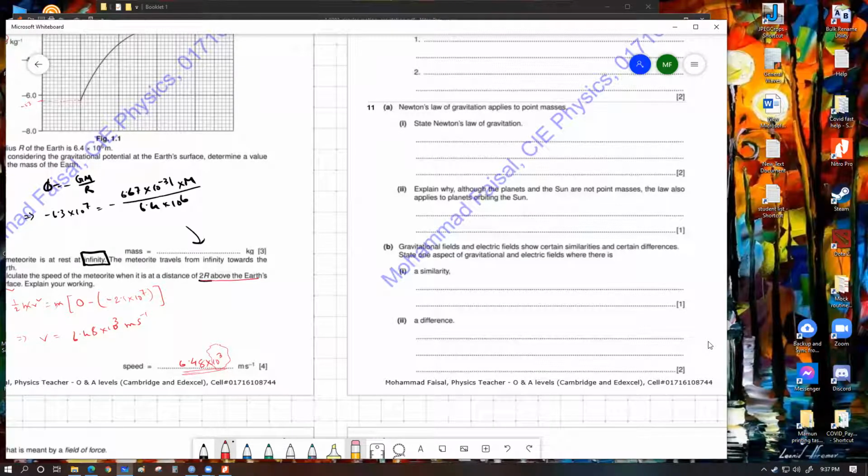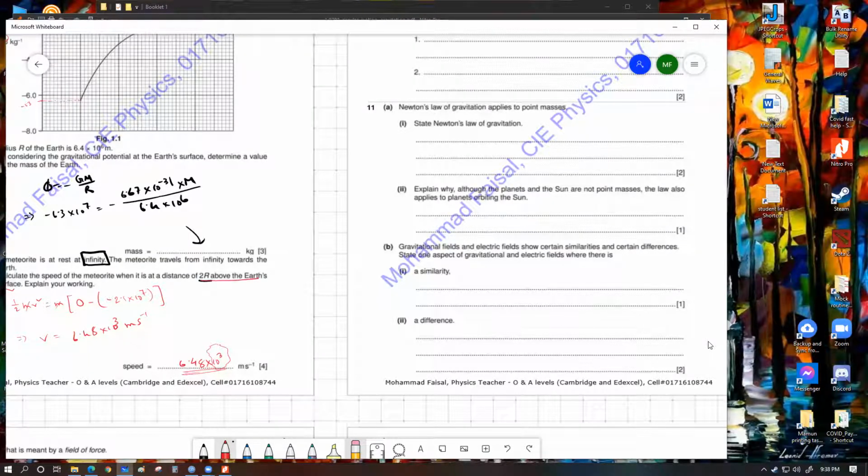This is not wrong, but the reason they do not usually accept this as an answer for this type of question is because they want you to write it in terms of the gravitational field. The thing that I told you earlier: a spherical mass and a point mass with the same amount of mass, beyond the radius of the surface of the sphere, the shape of the gravitational field, the field strength, the variation of the gravitational potential towards infinite distance, they both produce identical gravitational fields.